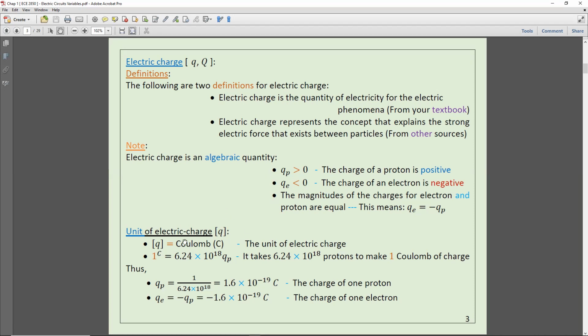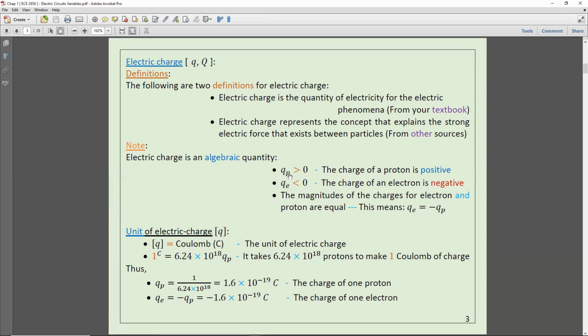And then, for electric charge, what unit are we using to measure it? This unit is called C, or coulomb. This is the unit we use to measure electrical charge. I'm going to define this unit in terms of the number of electrons.